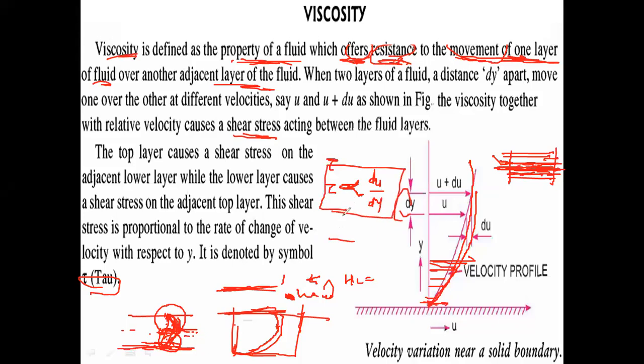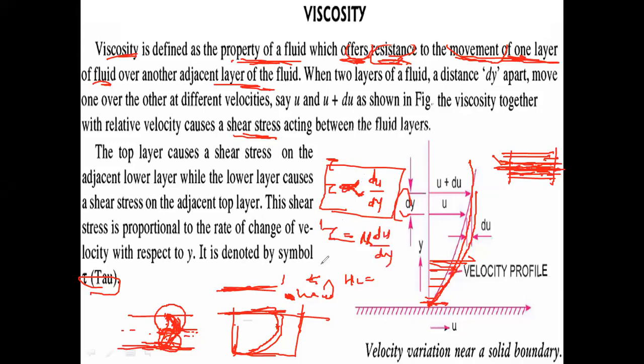Okay, what name did he give to this law? Newton's law of viscosity. Okay, to remove this directly proportional sign, he has put here one constant, and that constant is called the coefficient of viscosity or dynamic coefficient of viscosity. And he has given a mathematical expression as tau is equal to mu into du by dy.